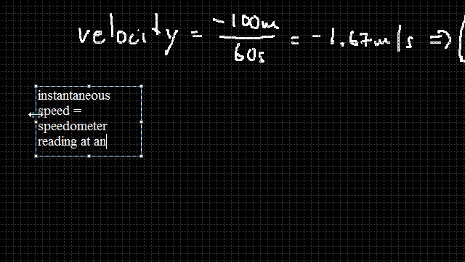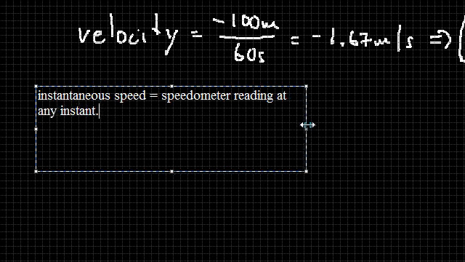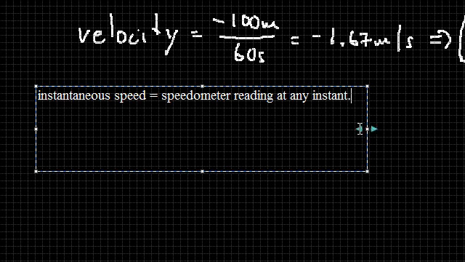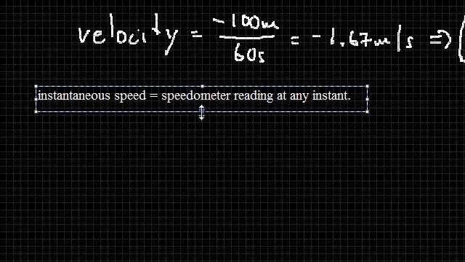Equals, you can think of it as the speedometer reading at any instant. Okay, and if you think back on this example, remember that we had no information about this runner's motion during her run. We just assumed that she ran one speed at the whole distance. In other words, that her speedometer said the same thing the whole time.